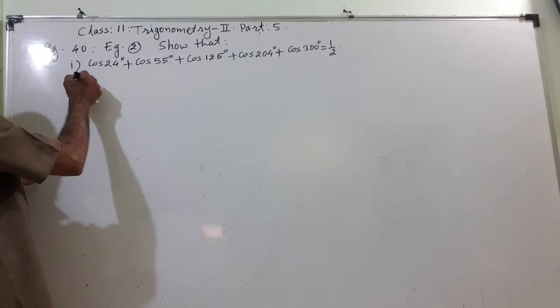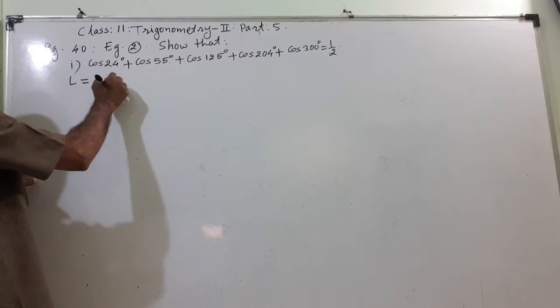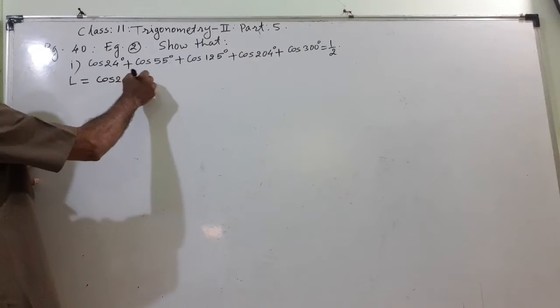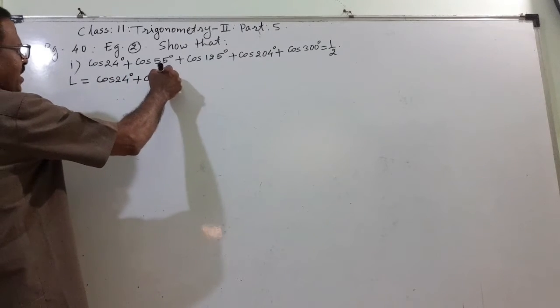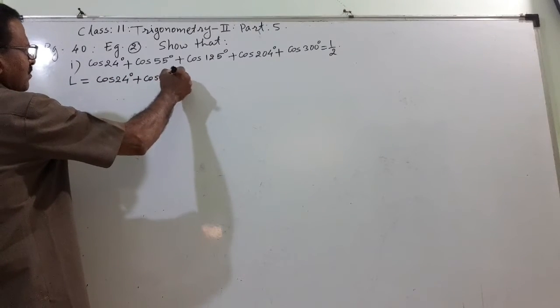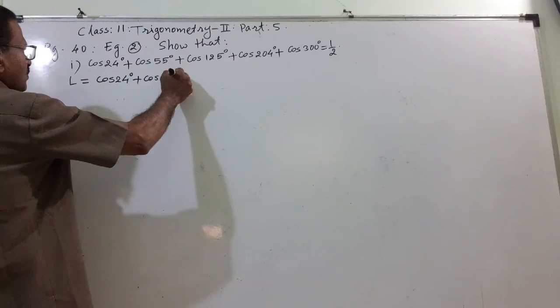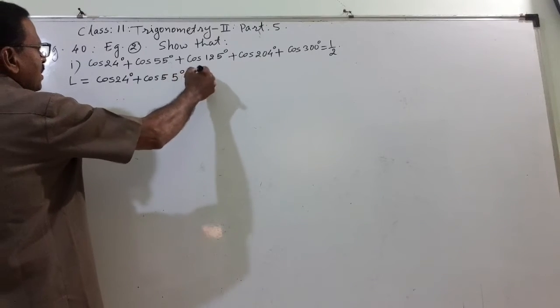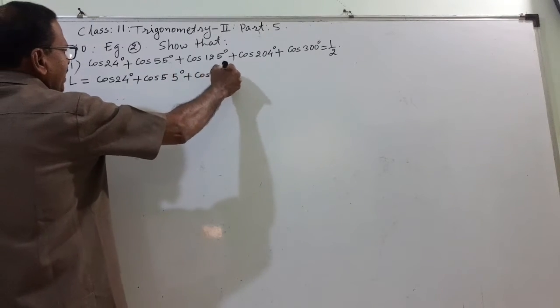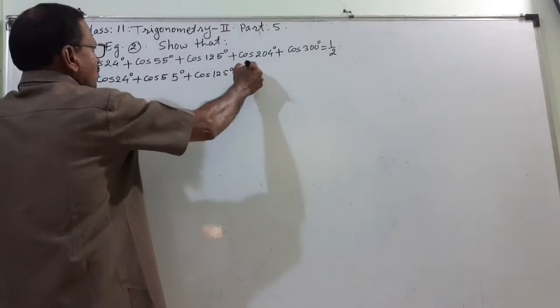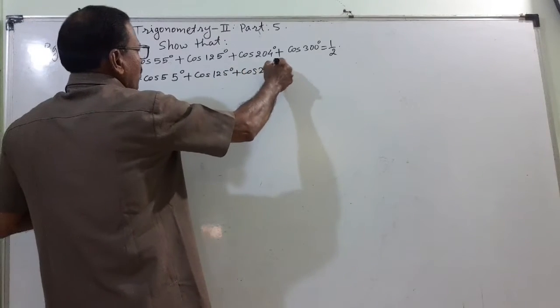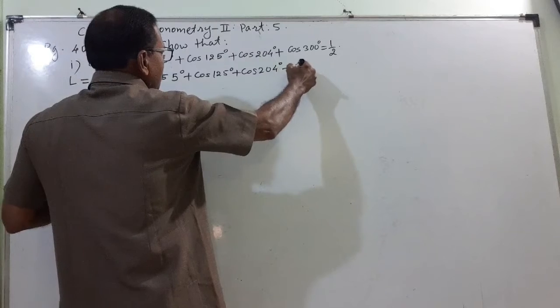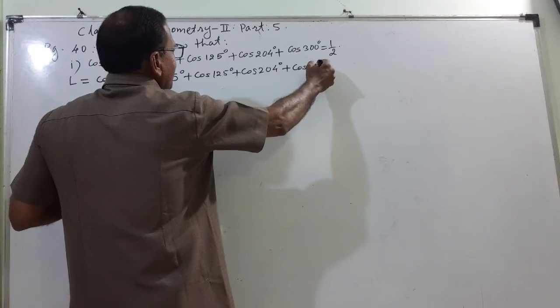So LHS equals cos 24 degree plus cos 55 degree plus cos 125 degree plus cos 204 degree plus cos 300 degree.